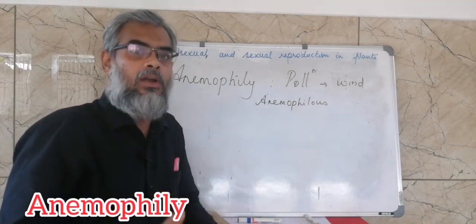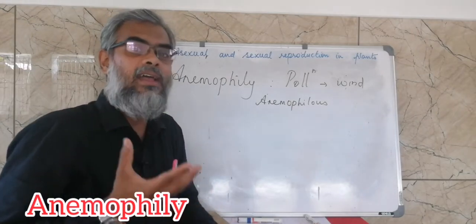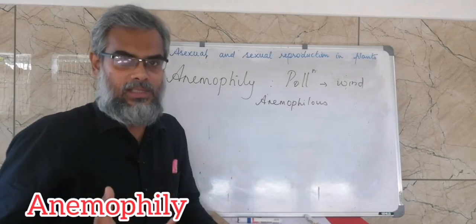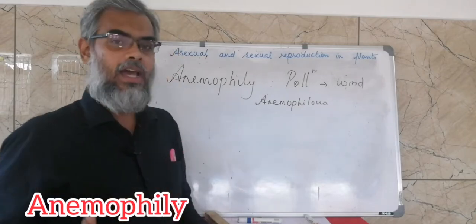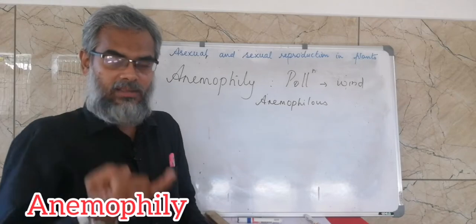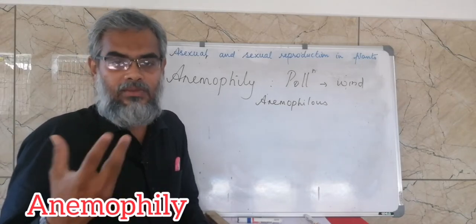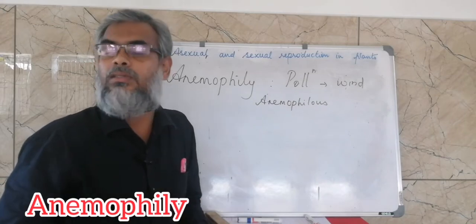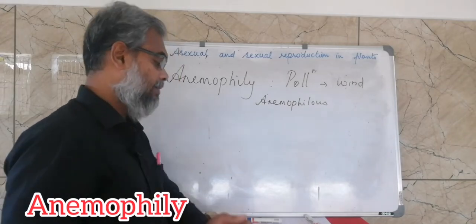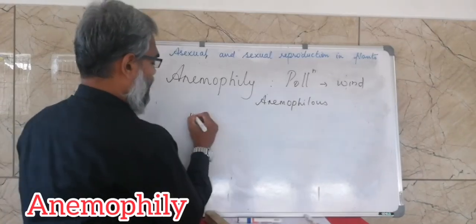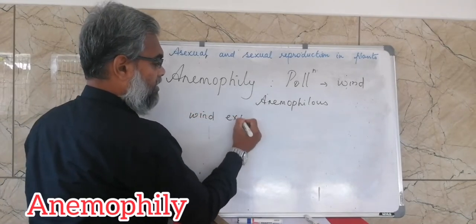This wind pollination occurs where the wind blows. One thing, it needs a wind exposed region, and the pollen grains will be in such a way that they are wind exposed. So the wind exposed region is available.